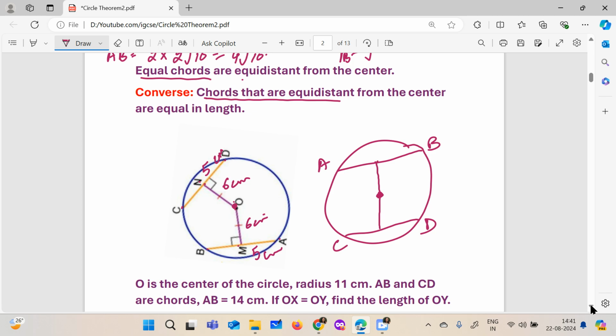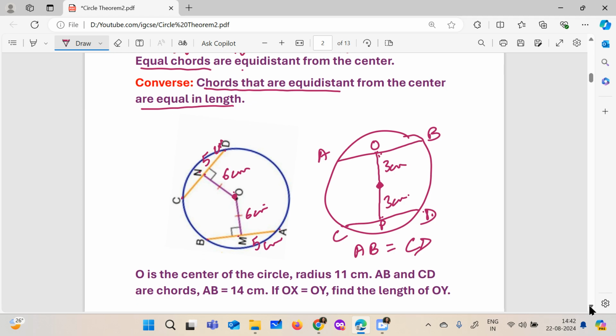So from here to here, OP, let it be 3 centimeter, and from here to here it is 3 centimeter. So chords that are at equal distance from the center are equal in length. It means that AB is equal to CD. So if the distance from the center is equal, then the length of the chord is also equal. Is this clear?